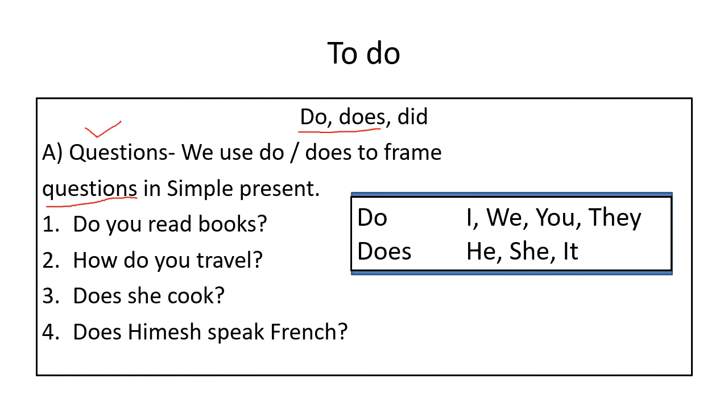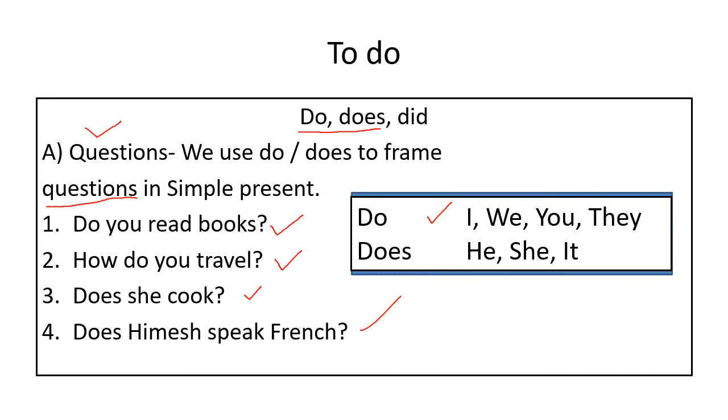Do you read books? How do you travel? Does she cook? Does Himesh speak French? You can see these all questions are in simple present. And we have made use of do and does. Now we use do when the subject is I, we, you, they, or any other plural subject.